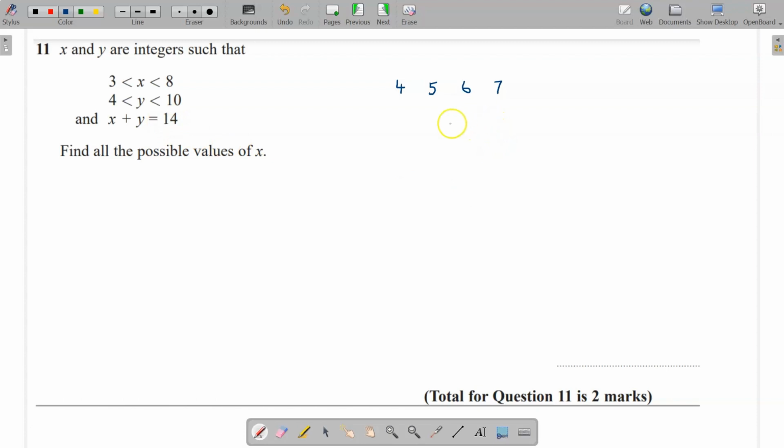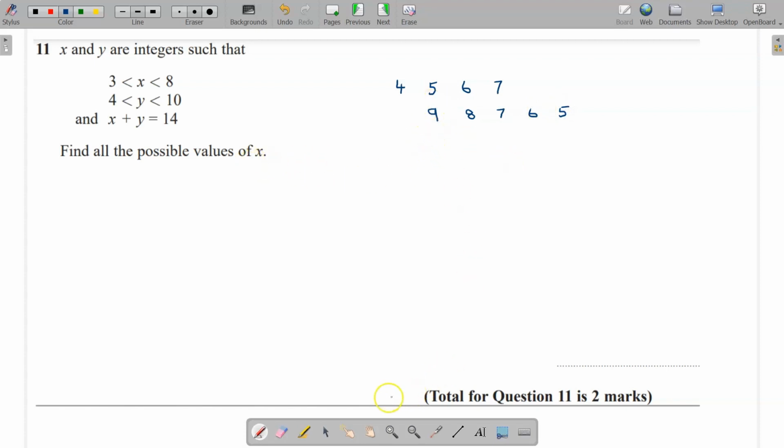So what I'm going to do is write what y can be underneath x in pairs that add up to 14. So 9 goes under the 5, 8 goes under the 6, 7 goes under the 7, 6 and 5. They're the possible values of y.